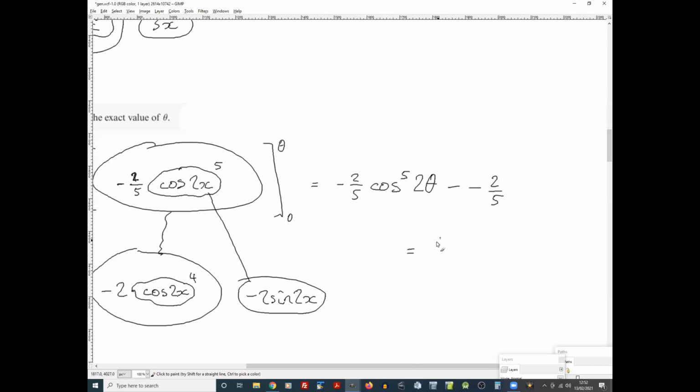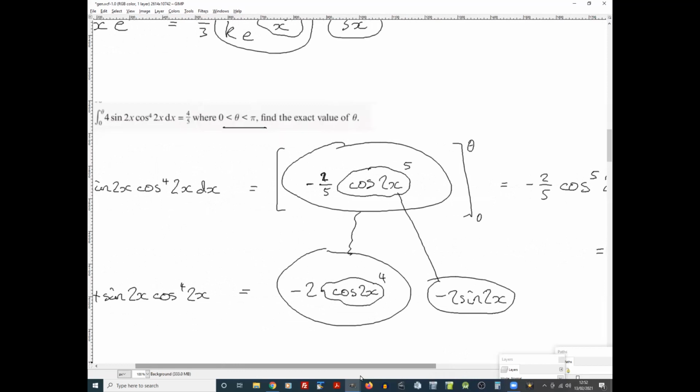Yes, so we might as well put that first and this one second, and we could bring the 2/5 out actually, couldn't we? So 2/5 of 1 minus cos to the 5 of 2 theta. And then that equals 4/5.